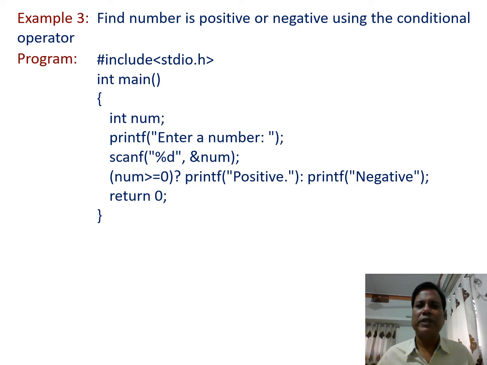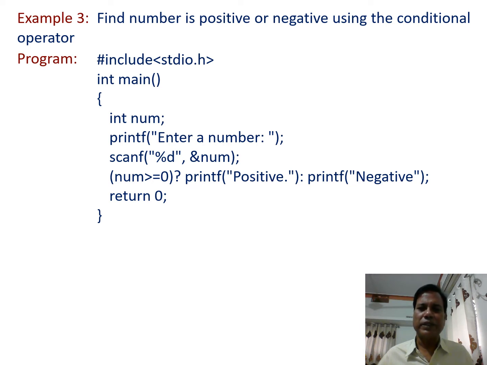The printf statement, as usual, prints a message on the output screen, "Enter a number", and then the user enters a number that is taken in by the scanf function and stored in the variable num. The next statement is num greater than or equal to 0.